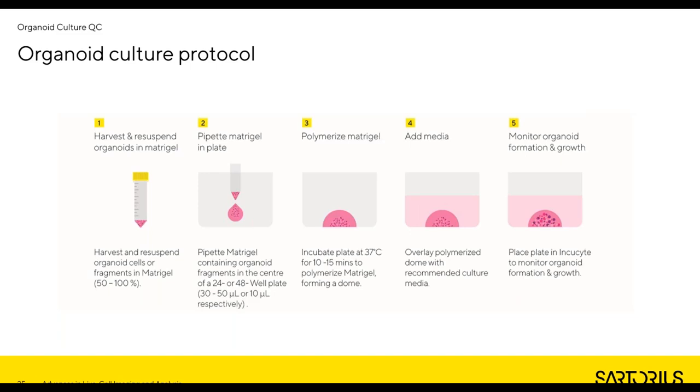The plate can then be placed at 37 degrees to polymerize the Matrigel. And following polymerization, the plate can be removed from the incubator, and the addition of model-specific growth media can occur. And finally, the plate can then be placed in an IncuSite to monitor organoid formation and growth.